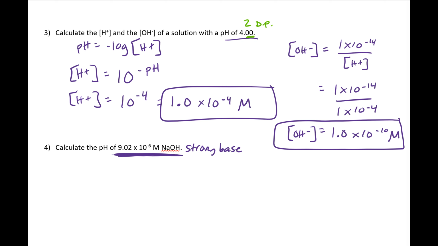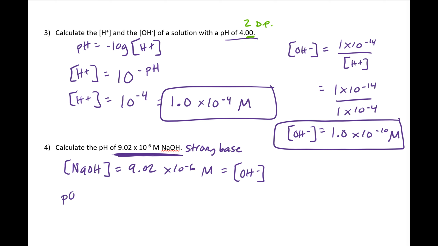The concentration of hydroxide is going to be equal to the original concentration of the strong base. So if sodium hydroxide is 9.02 times 10 to the negative 6 molar, then that also means the concentration of hydroxide will be 9.02 times 10 to the negative 6 molar.